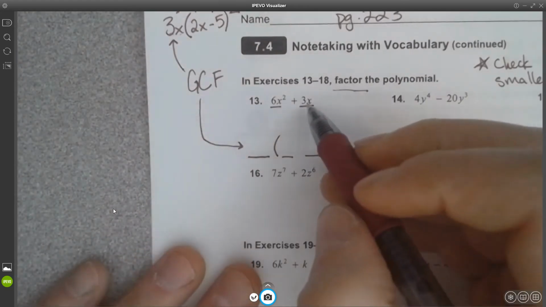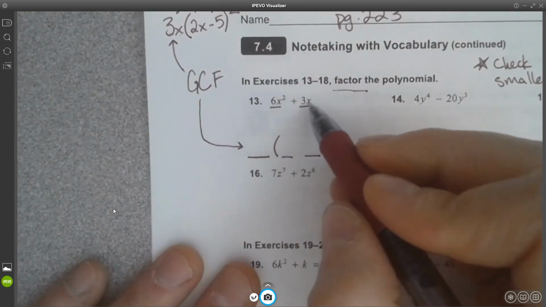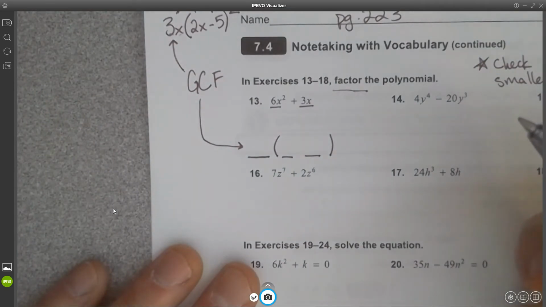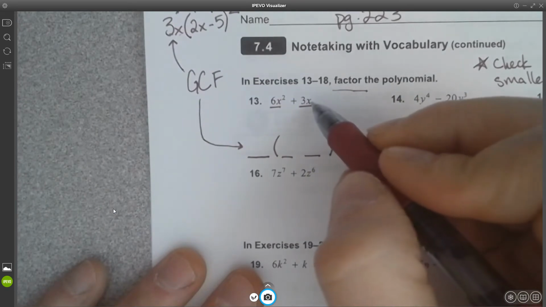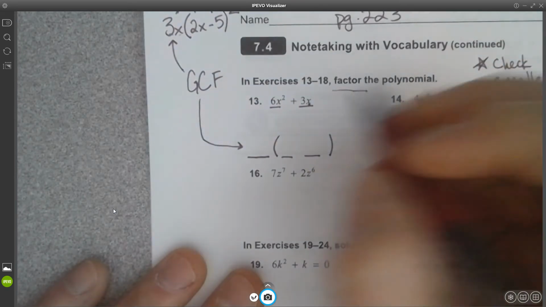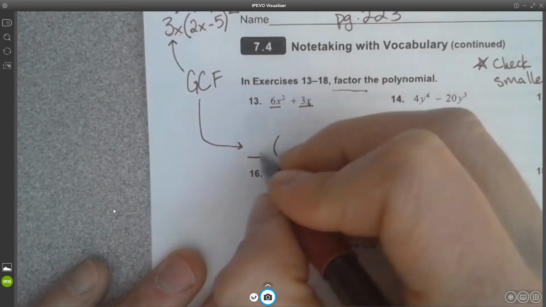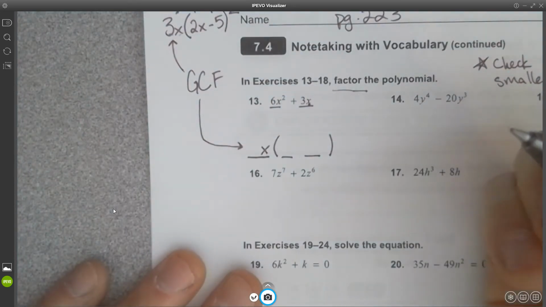So when you're looking at the variables, what is the most that you can pull out or divide out of each term? Well, there's two x's here, but only one here. So the most x's that we can divide out of each term is a single x.